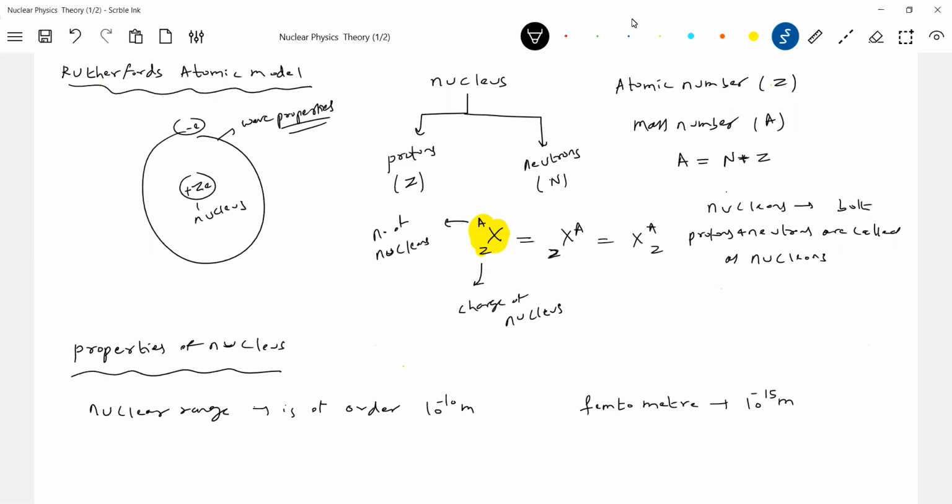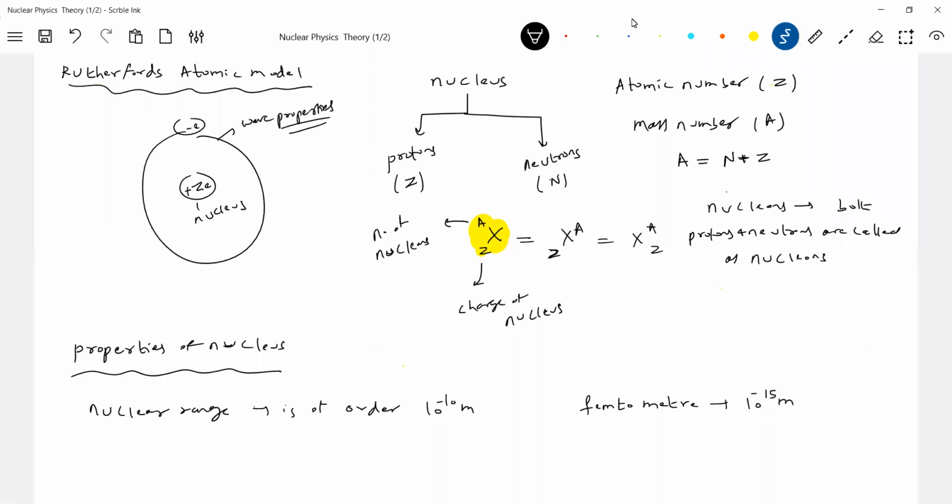To deal with such small distances, a unit is used called a femtometer, like millimeter, micrometer, nanometer, picometer. Whenever we say the nuclear range is of the order of 10 to the power of minus 10 meter, the radius of the nucleus will be of the order of 10 to the power of minus 10 meter, and the distance between nucleons, the distance between protons or neutrons inside, will be of the order of 10 to the power of minus 15 meter.